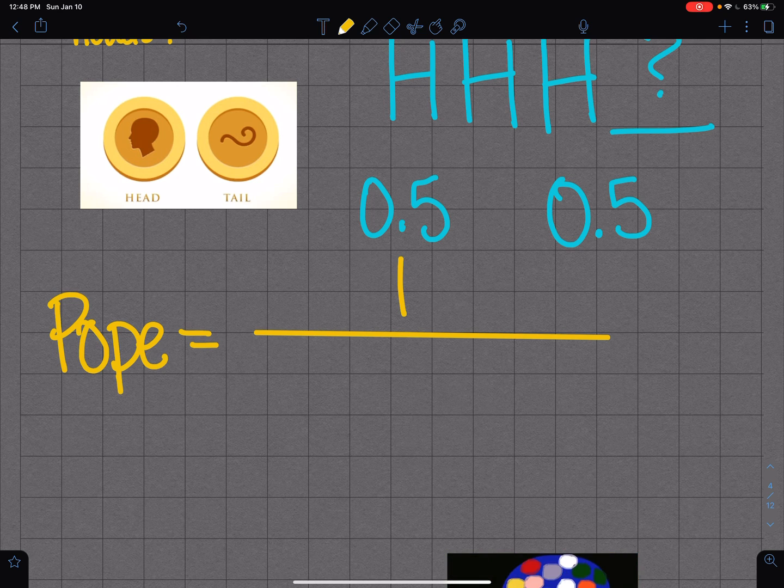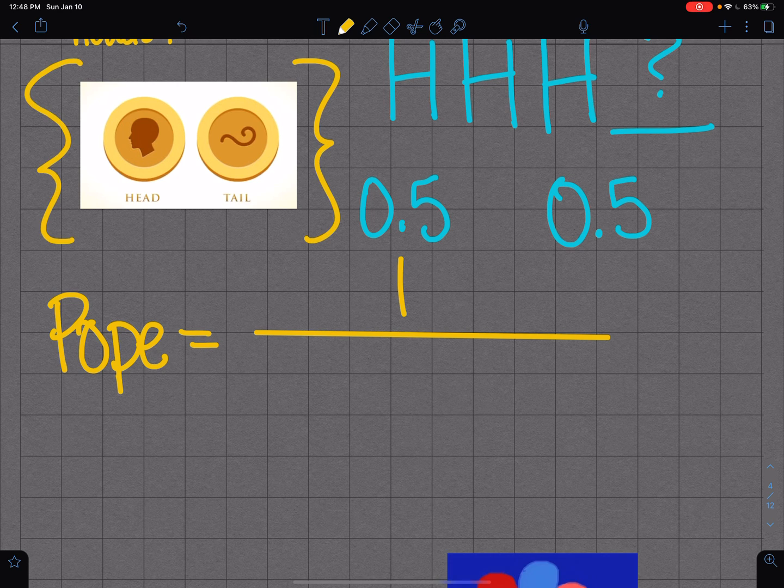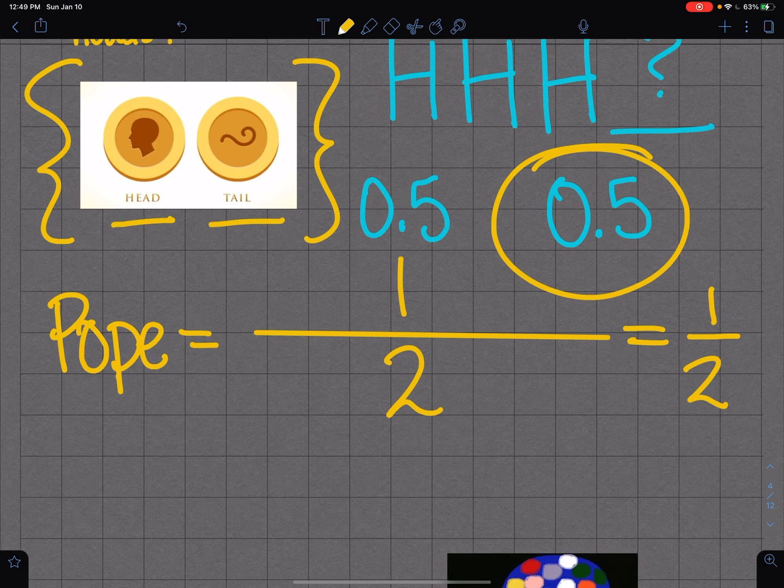What is the chance of getting tails? It would also be one chance, right? And then on the bottom is the total number of outcomes in the sample space. The sample space is this. You could have heads or you could have tails. So there's two options there. So the equation tells you that your chance of getting heads is 1 out of 2. And that's the same as 1/2, which is the same as 0.5.